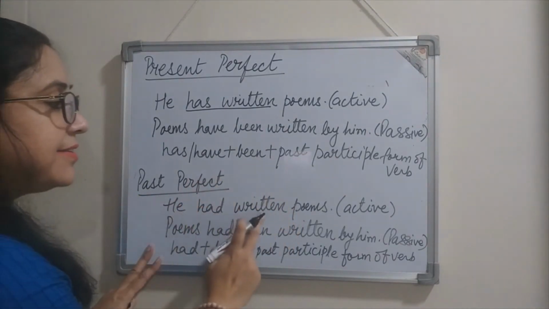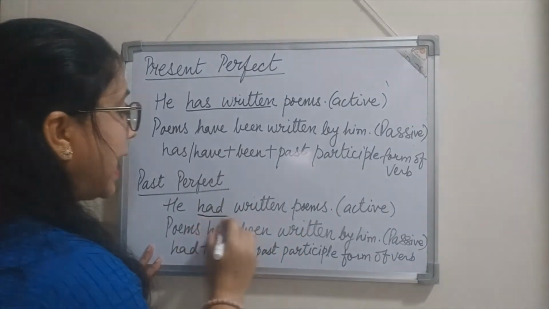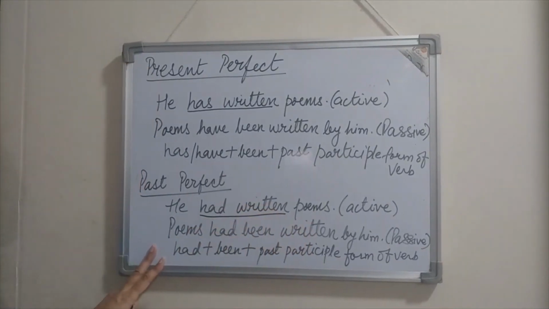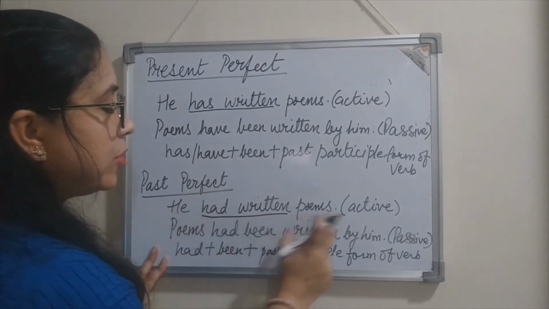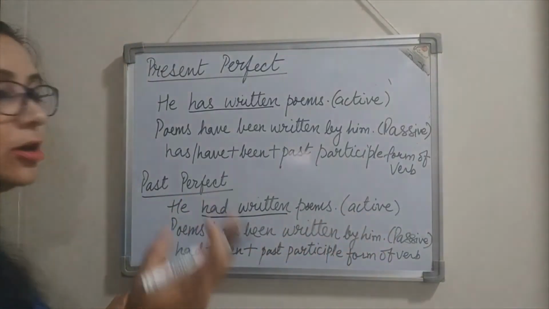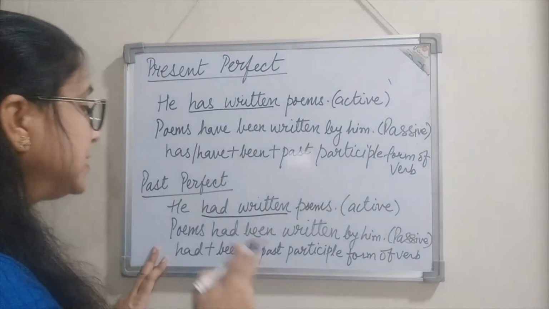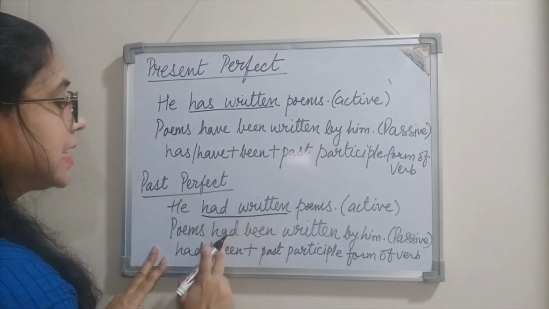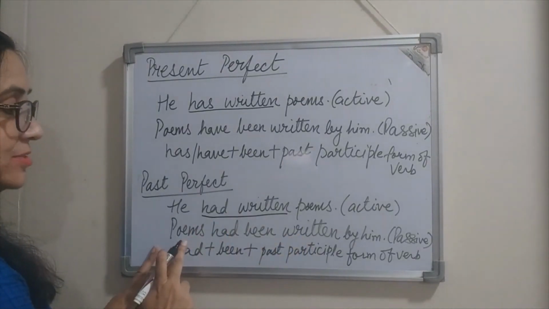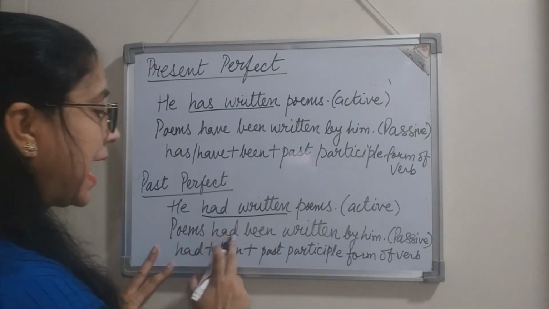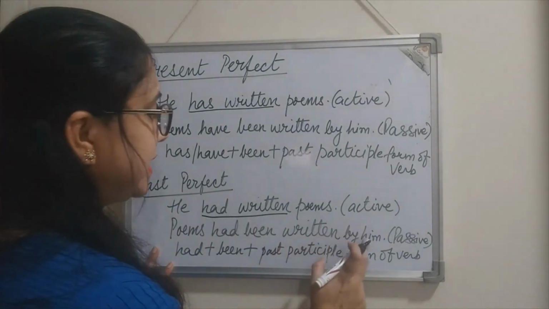He had written poems. So here had written, the verb is in past perfect tense, right? So he had written poems. This is active voice. Now how do we change it into passive voice? Had written becomes had been written. So the sentence goes as poems had been written by him, right?